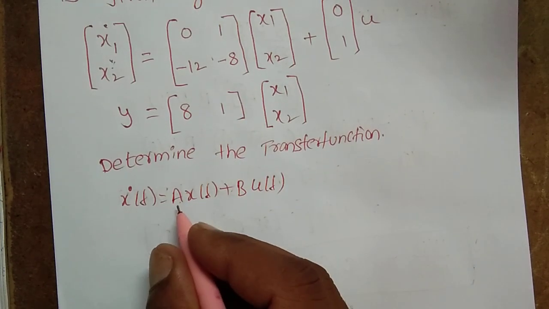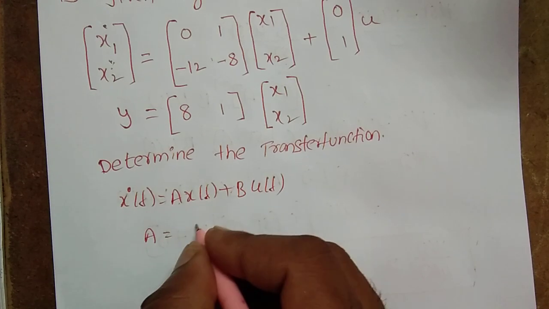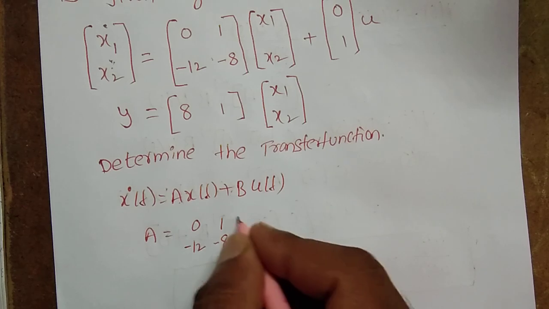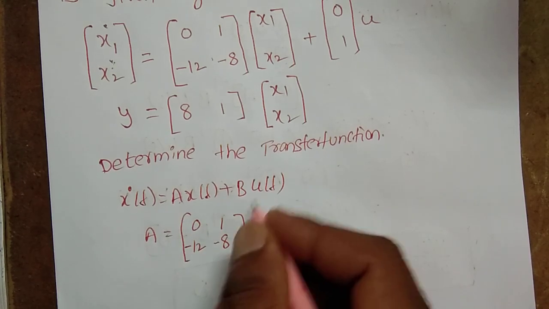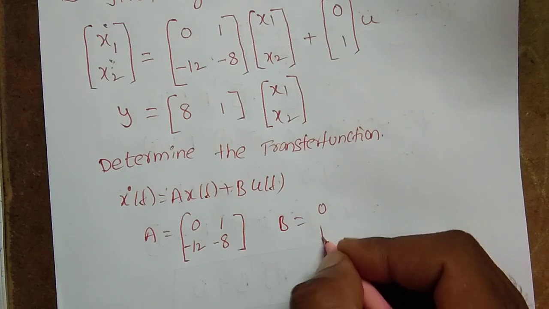After comparison of these two equations, the A matrix is [0 1; -12 -8]. The B matrix is [0; 1].